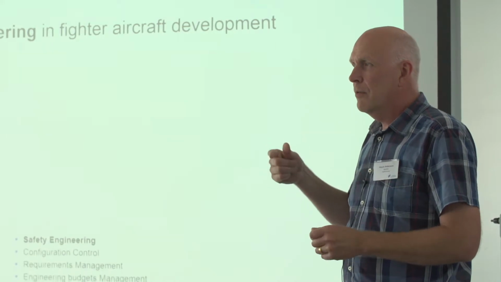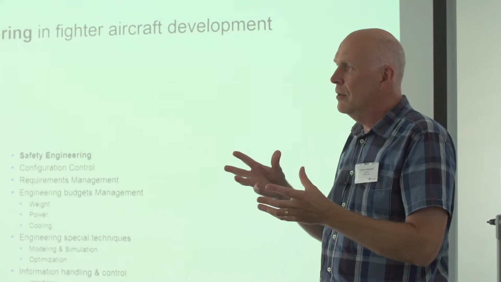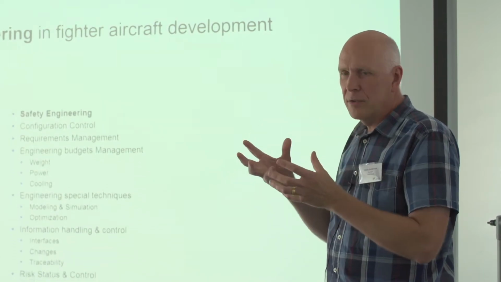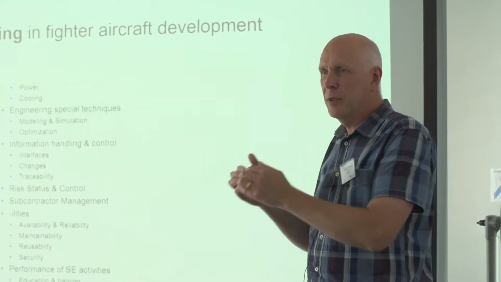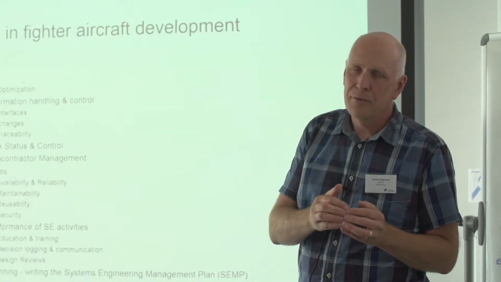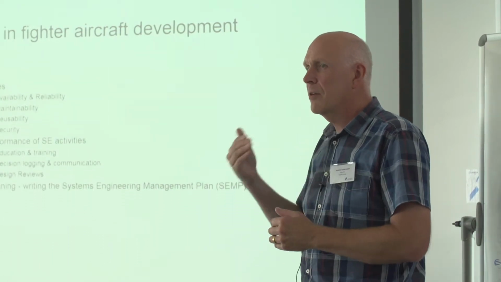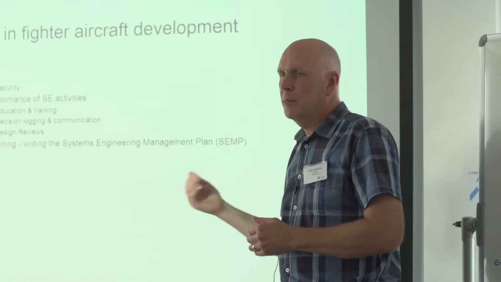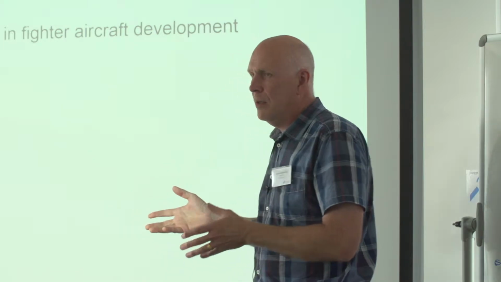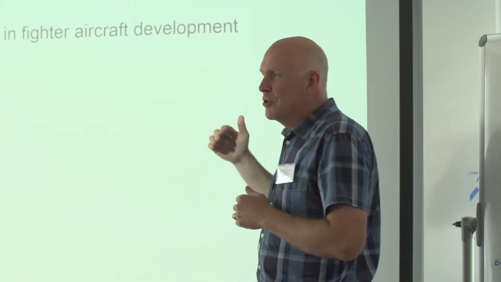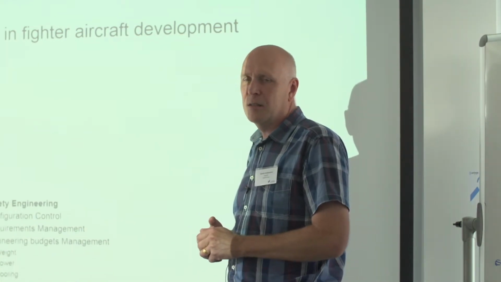Typically we have a group that is focused on functions, and we put all the functions together, but when we have put the functions together, those other aspects arise, and we see, we don't have enough power, we don't have enough cooling, we don't have enough bandwidth, or whatever it is. It's very difficult to predict that early in the project. So early we focus on functionality, but as a systems engineer, you should be aware of all those utilities and budgets.